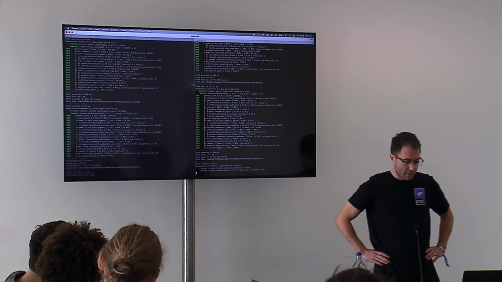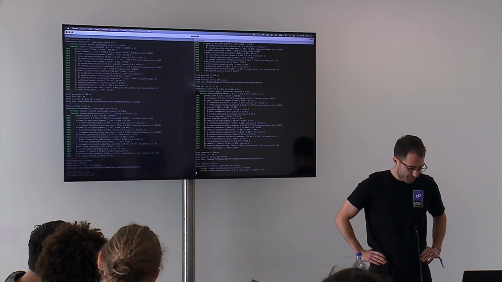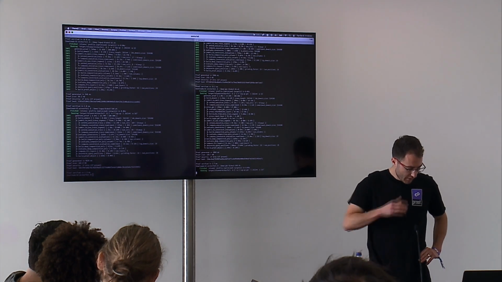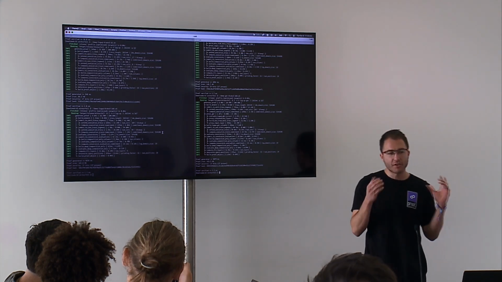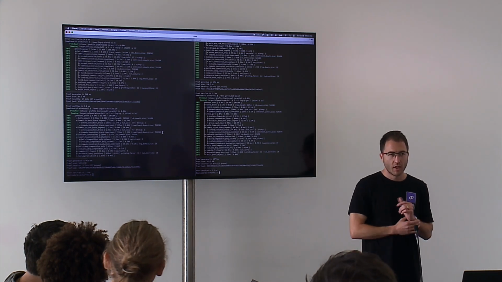And in the LogUp-GKR case, 6 seconds versus 4.5. So LogUp-GKR is still slower.